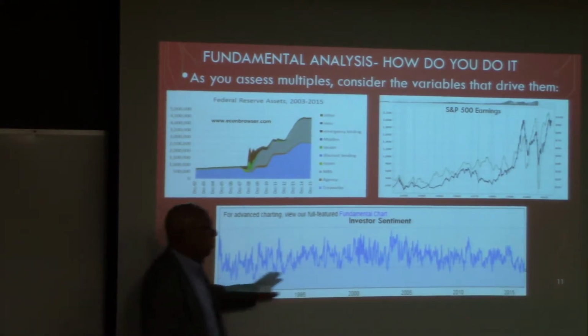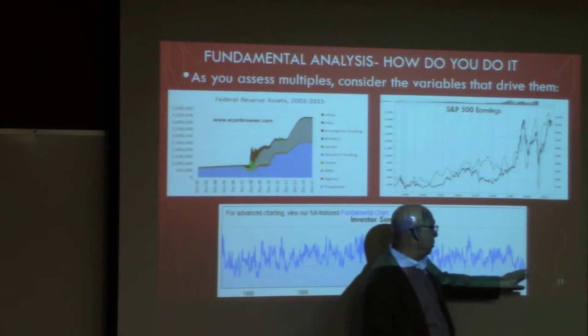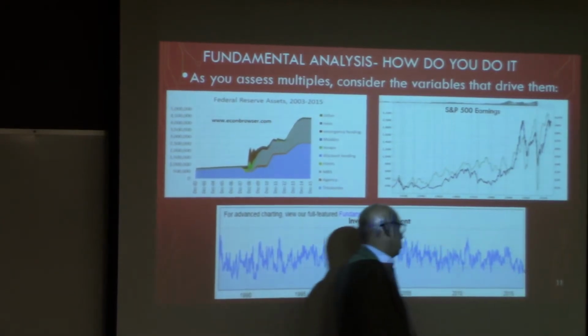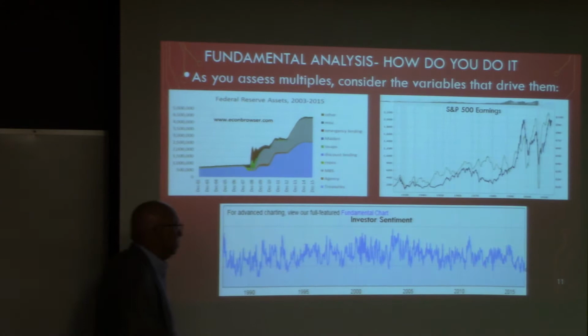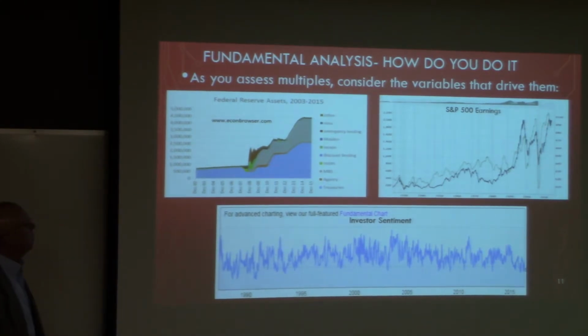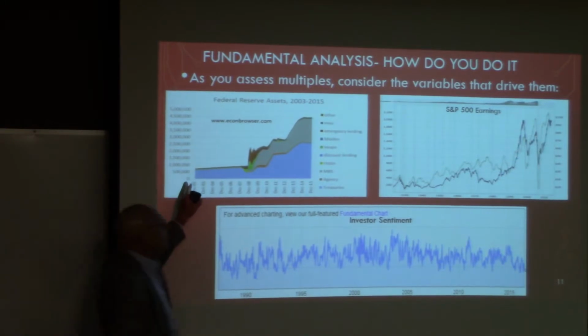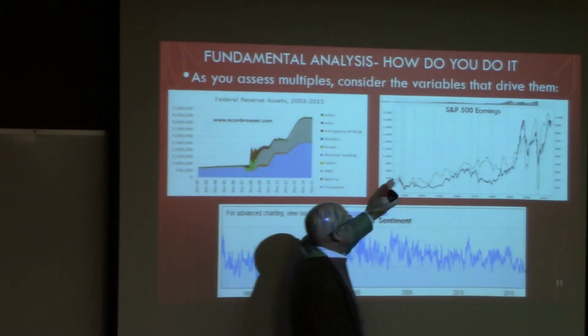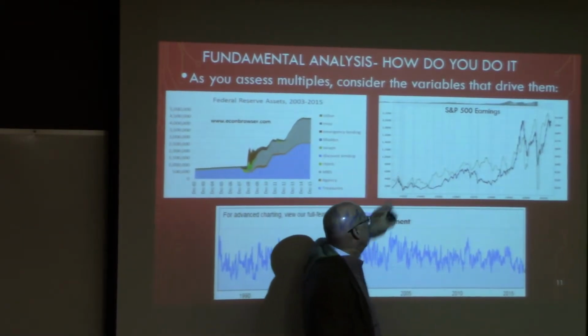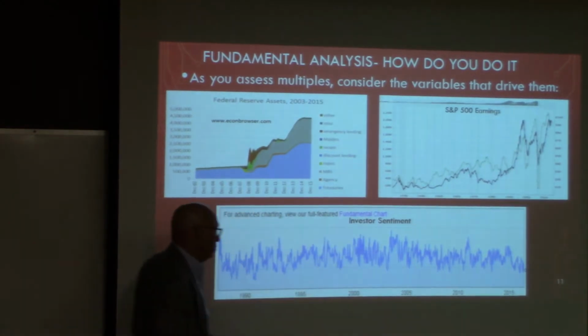So going into Hillary versus Trump, things were negative, and investor sentiment has really turned around. So these affect multiples in a big way: easy money, interest rates, the growth rates of earnings, and investor sentiment.